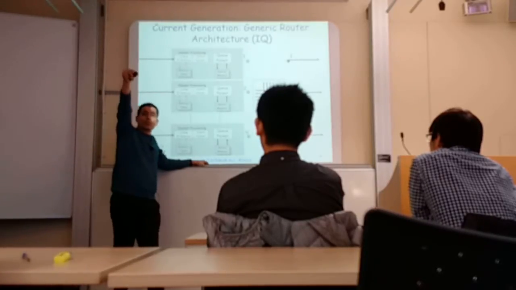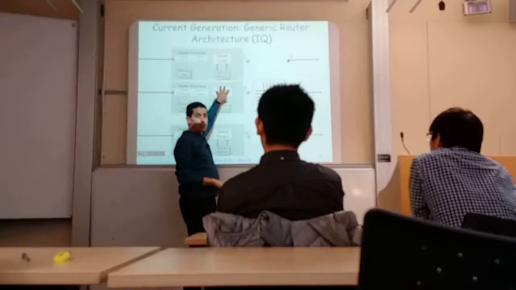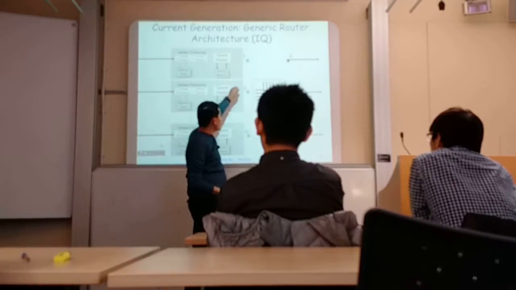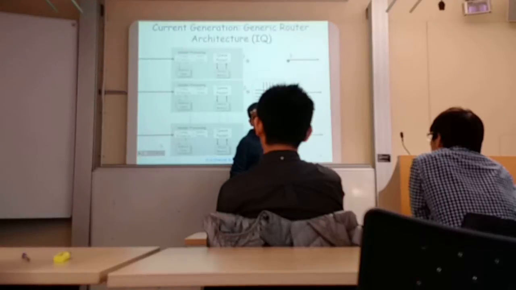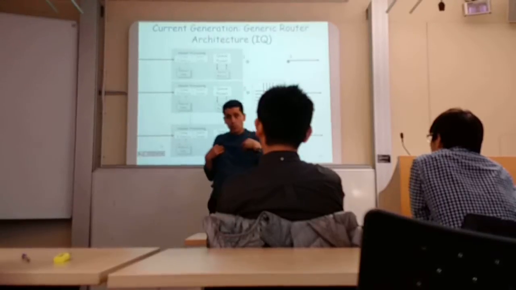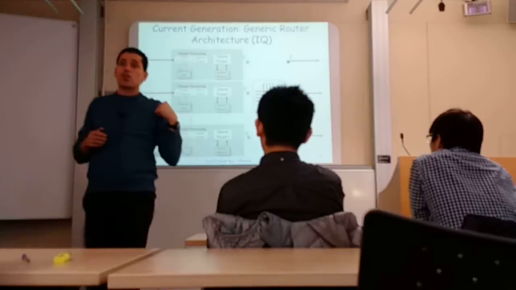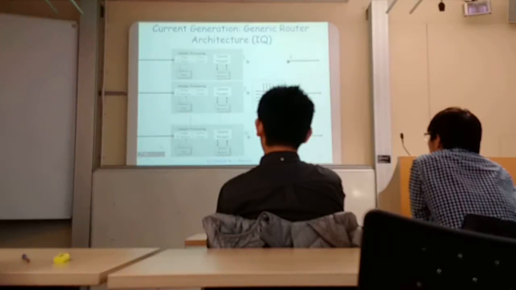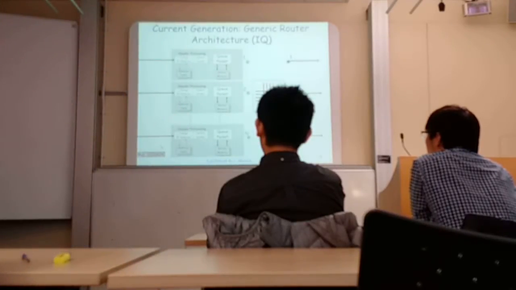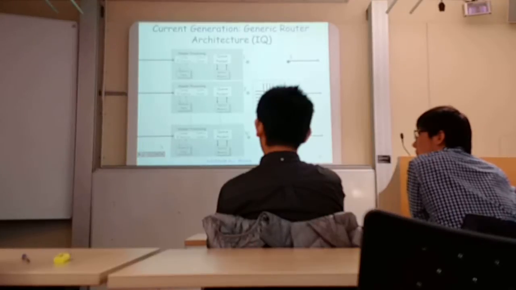This answers your question from before. When I put my memory here, it means something. I could very well have moved this memory and put it here. Why not? I could, but I chose to. This is one architecture, one choice. If I put the memory at the input side, it has implications for the performance of the router, its speed, its capacity, and its cost.